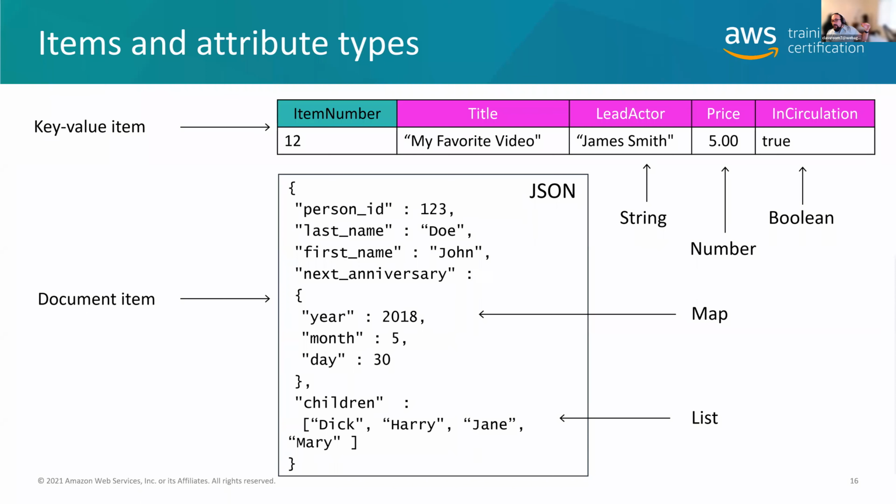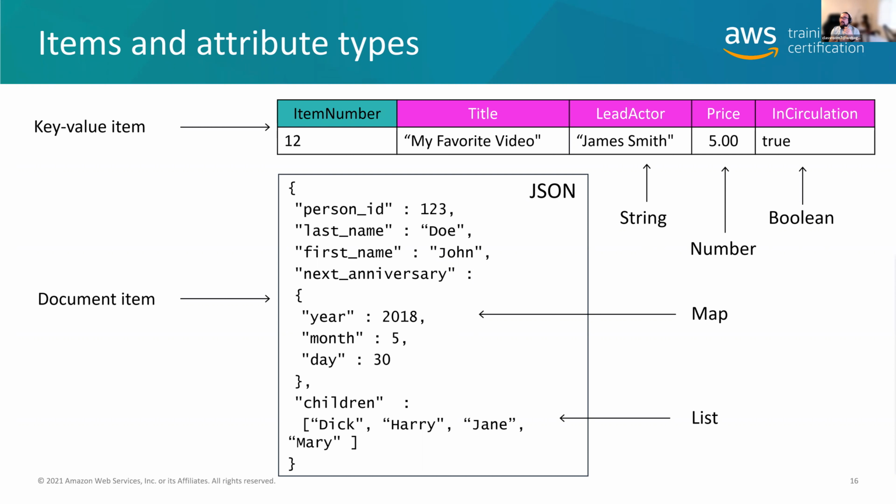So your row, by the way, cannot exceed 400K. Each attribute, by the way, in pink has basically a name, a data type, and a value, right? And attributes can have numbers, strings, binary, Boolean values like true and false. You can have it set null. You could have a string set or a number set or a binary set in there as well.